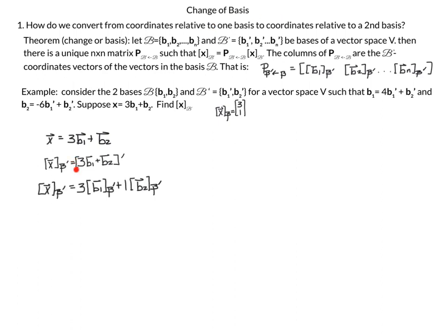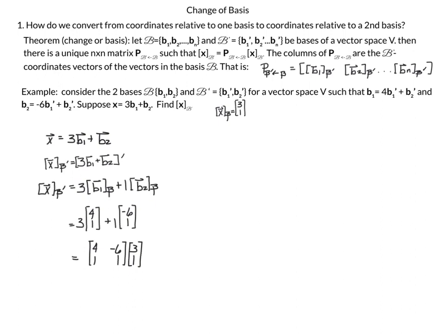Because this is linear, we can break this up into 3 times b1 with respect to B prime, and then 1 times b2 with respect to B prime. Then that is 3 times b1 with respect to B prime, which we're given over here: b1 is equal to 4, 1. And then we have 1 times b2 with respect to B prime, and b2 is negative 6, 1.